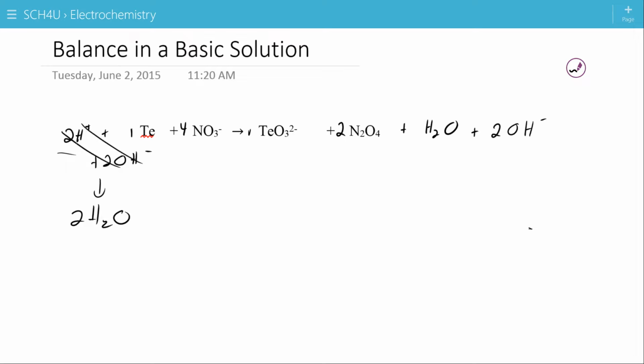When I produce 2 waters over here, now I have water on both sides of my equation. It's redundant. So if I imagine taking away a water from both sides of the equation, that would take away that water, and those 2 would go away. And then if I took away a water over here, then 2 minus 1 H2Os would just work out into 1 H2O plus my TE.